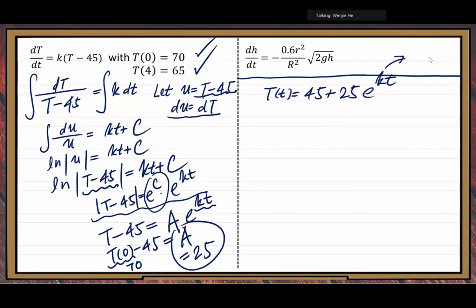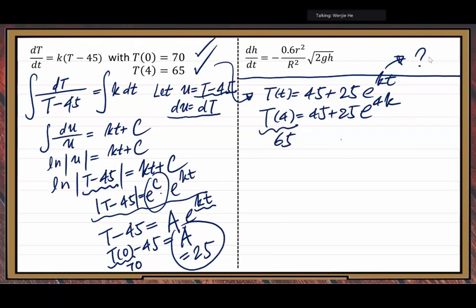K is still unknown. So let us plug in the second initial value to get information about little k. T of 4 equals 45 plus 25 times e to the 4k, which equals 65.